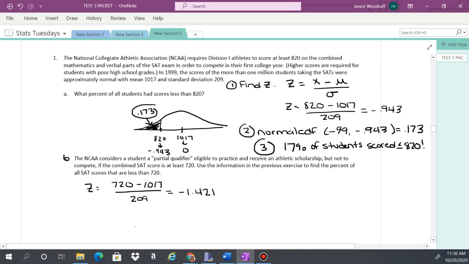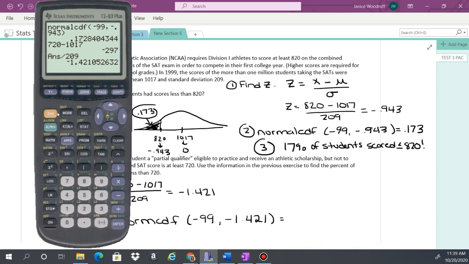And then I would do normal CDF, going again, area to the left: negative 99, negative 1.421. So normal CDF, negative 99, negative 1.421, gives 0.078.